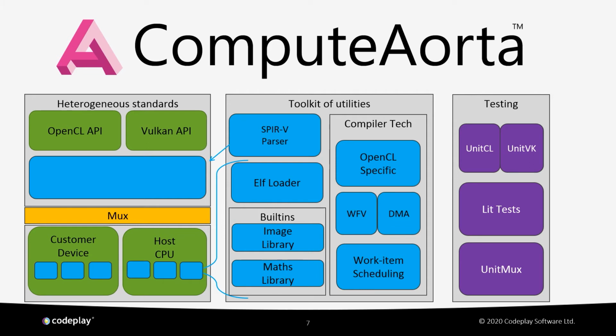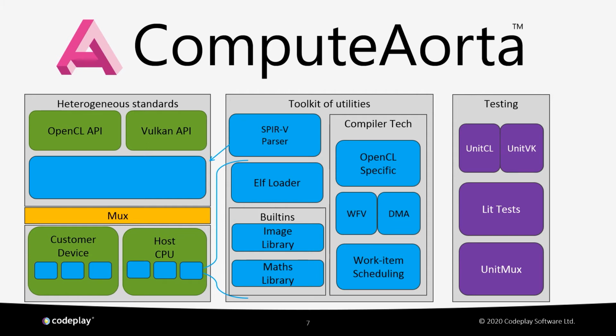Then in the center of this diagram, we have some of the items in the toolkit that are shared across some implementations, but not all. So some of the generic components, such as the SPIR-V parser, are shared between the language runtime implementations. So OpenCL and Vulkan APIs both use the same SPIR-V parser, even though they require different dialects of SPIR-V.